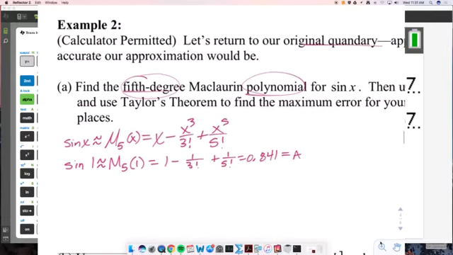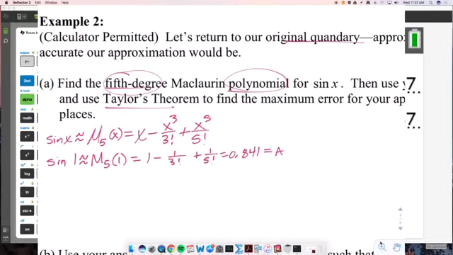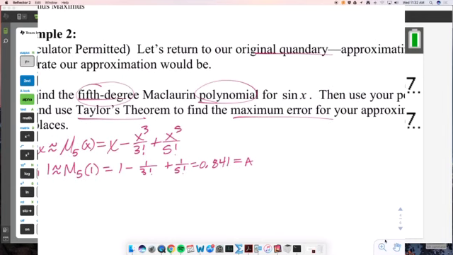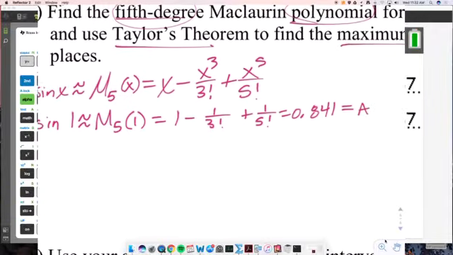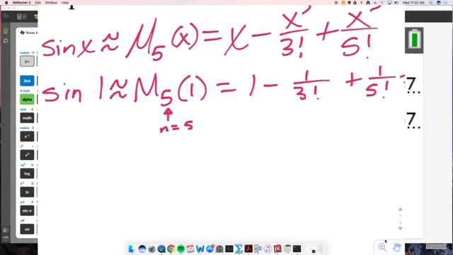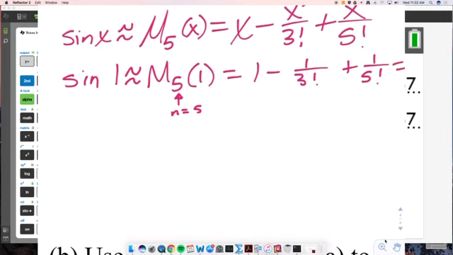And now it says, use Taylor's theorem to find the maximum error for your approximation. So again, you're going to have to recognize how they're asking this in a couple of different ways. Taylor's theorem, maximum error, that's the same thing as Lagrange error bound. All right? So here's what we're going to do. Notice in this case, n was equal to 5, right? We're going to write the error a lot of different ways.